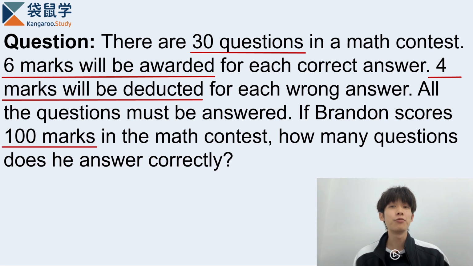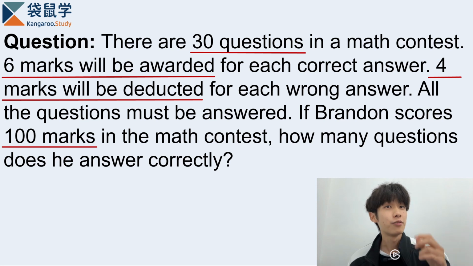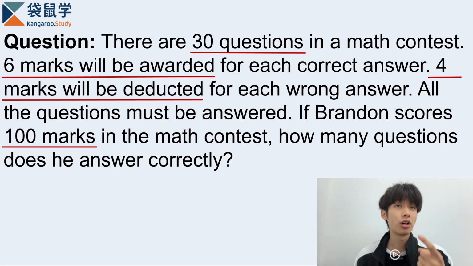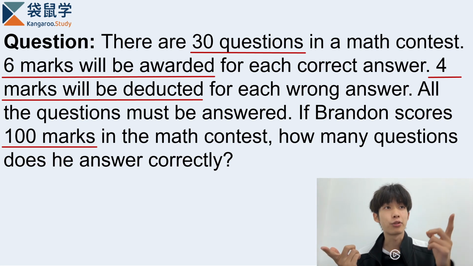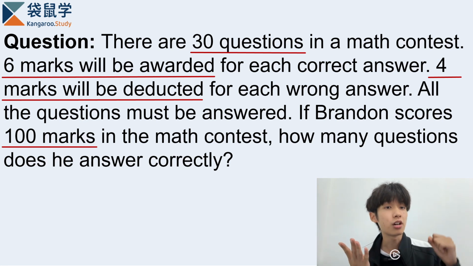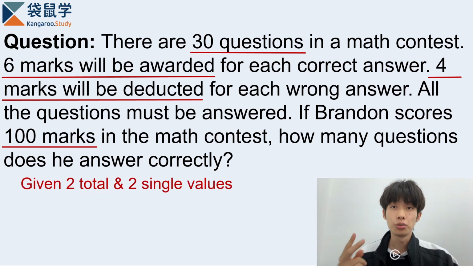So it's asking for how many right answers he got. Let's break down all the information here. What do we have? We have 2 totals, which are the total of 30 questions and the total of 100 marks. And 2 single values, which are 6 marks if correct, 4 marks deducted if wrong. So we have 2 totals and 2 single values.